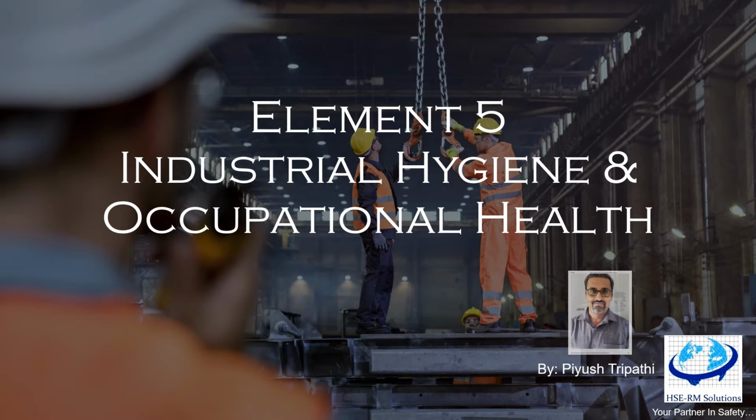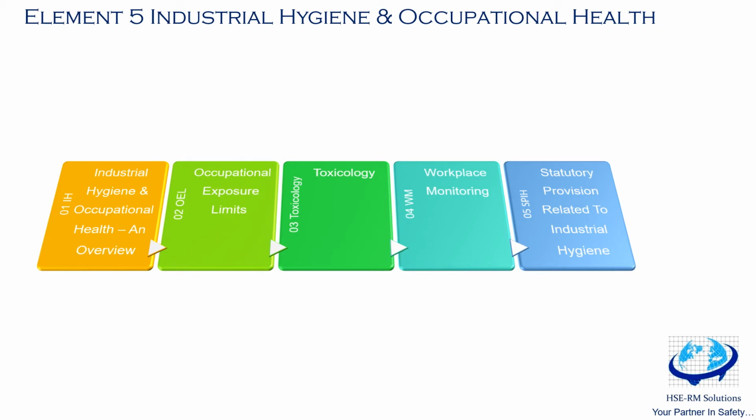Element 5, industrial hygiene and occupational health. First, let's understand what we cover in the entire course, and then we will take only the first element. We cover industrial hygiene and occupational health overview, then occupational exposure limits, then toxicology, then workplace monitoring, and finally statutory provisions related to industrial hygiene.